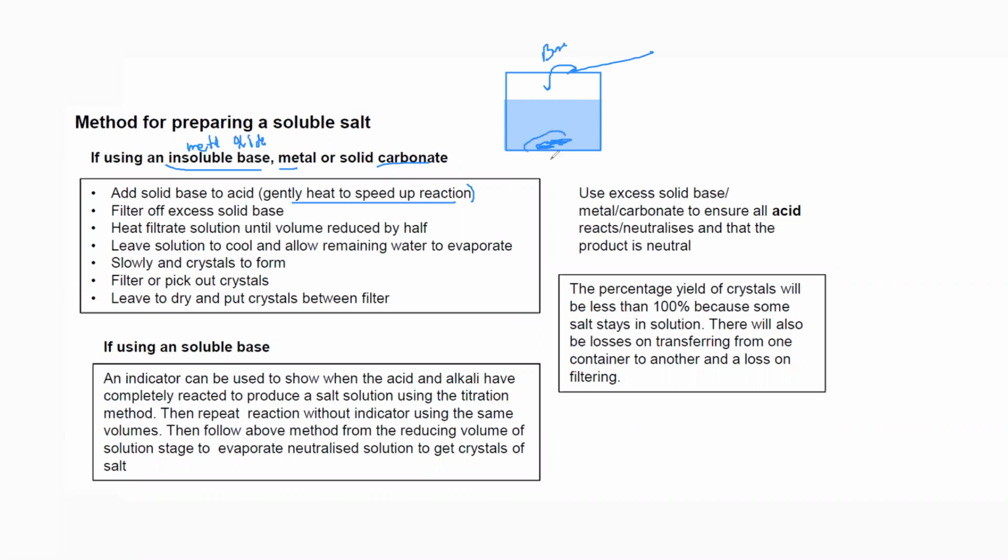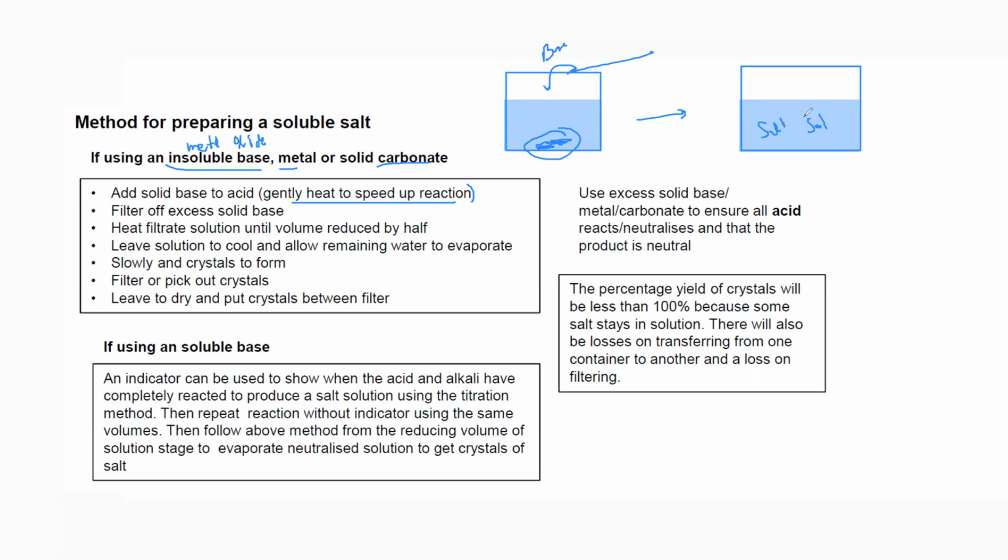After removing it by filtration, we are left with a salt solution. Then there are two methods to obtain a salt from the solution: either evaporate or do crystallization.